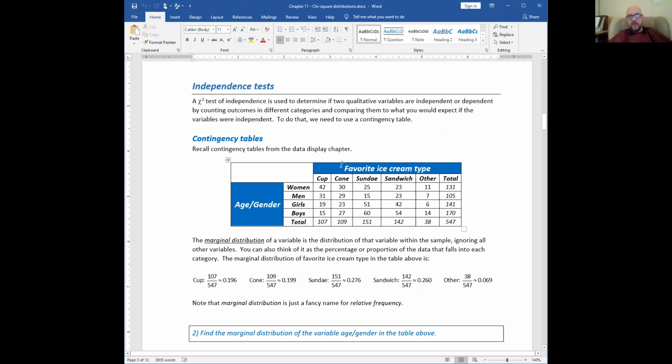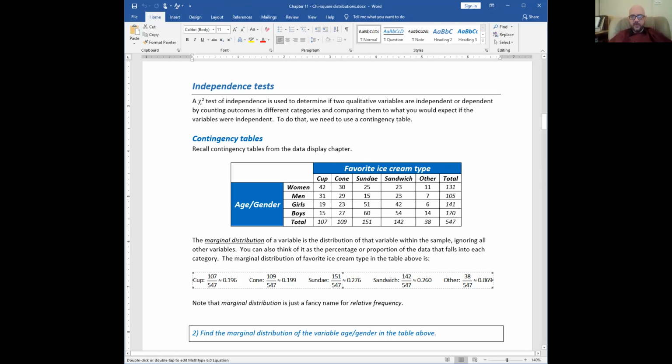Of the categories cup, cone, sundae, sandwich, and other, 107 out of the 547 people fell into the cup category, and 109 out of the 547 people fell into the cone category, etc. And so the marginal distribution of favorite ice cream type is this right here.